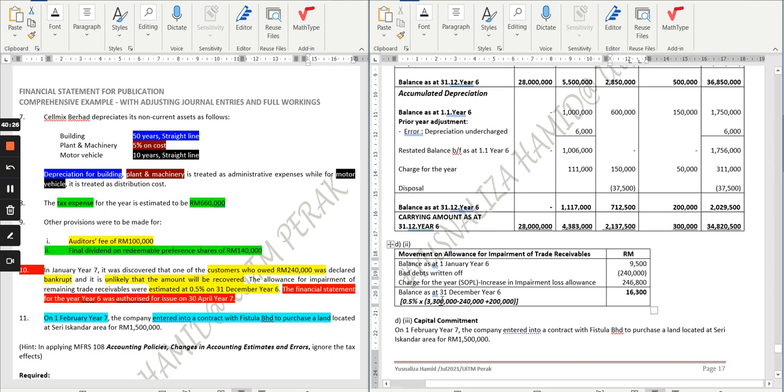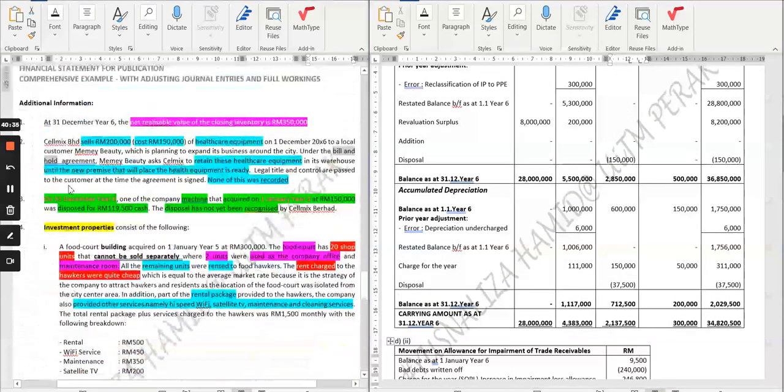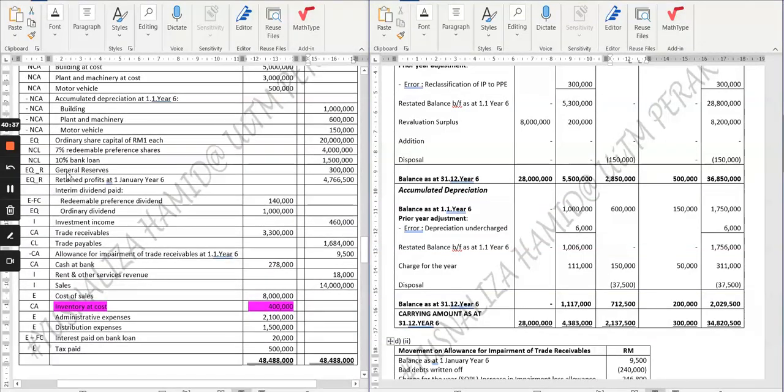So what you need to do is to find out what are the account receivable balances as at 31st of December. So 3.3 here is the one that is in the trial balance for the accounts receivable. Let me show you.